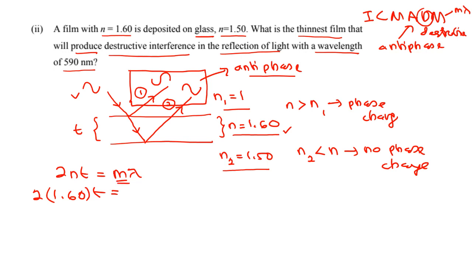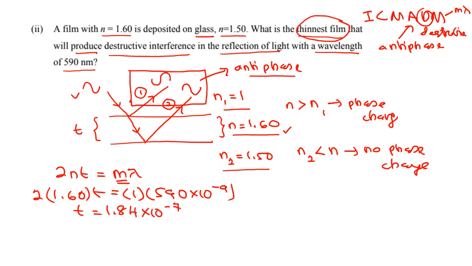What is the value of m? Since this is the thinnest film, m should be equal to 1. Lambda 590 times 10 to the power of negative 9. And calculate t, you get 1.84 times 10 to the power of negative 7 meters.